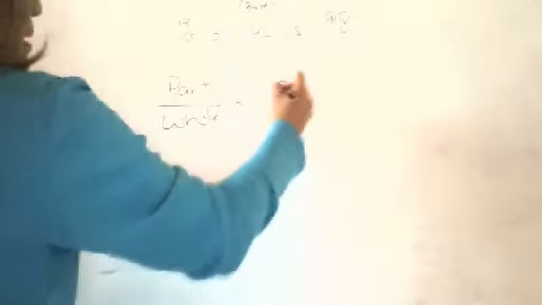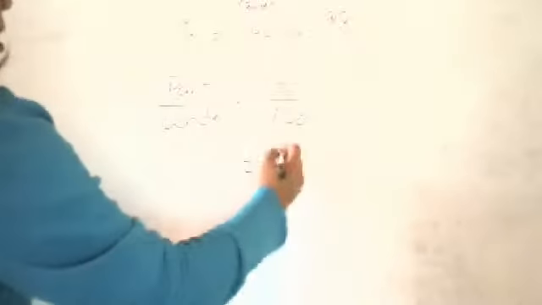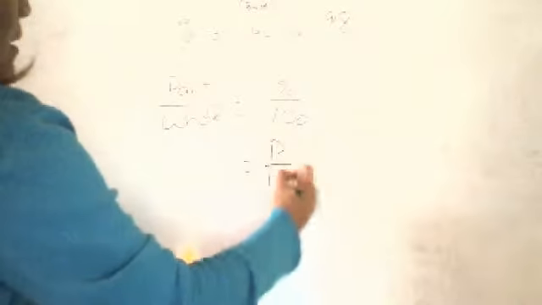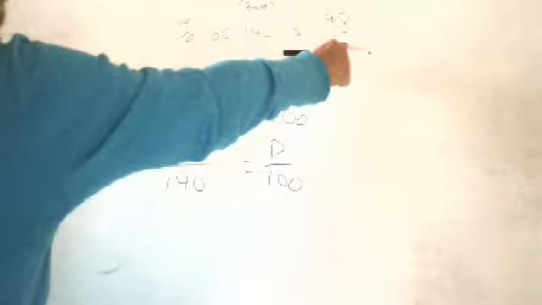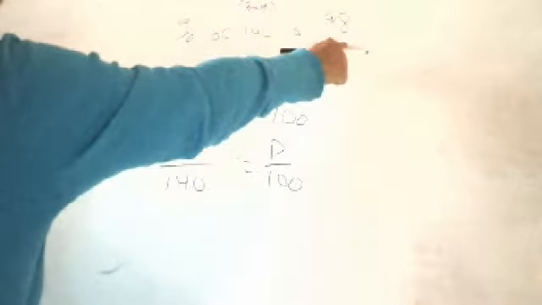So we say, and I'm going to continue with this part over whole equals percent over 100. So we don't know the percent, so I'm going to call it P. My base is 140. The percentage of the base, or the part, is 98.